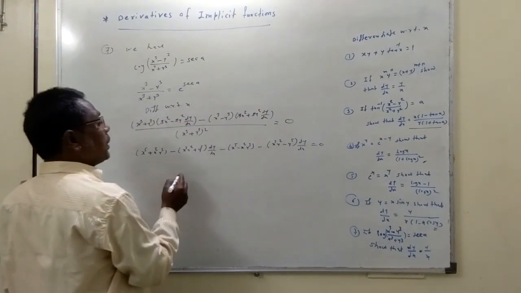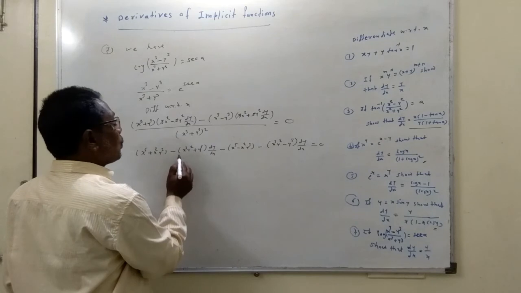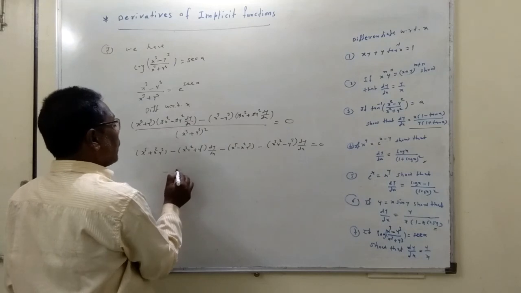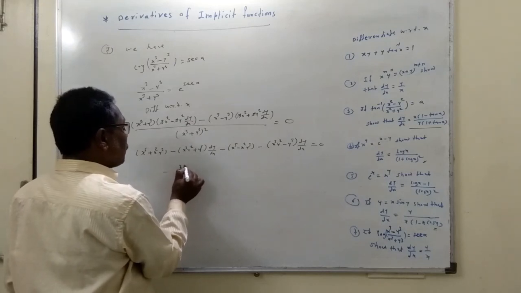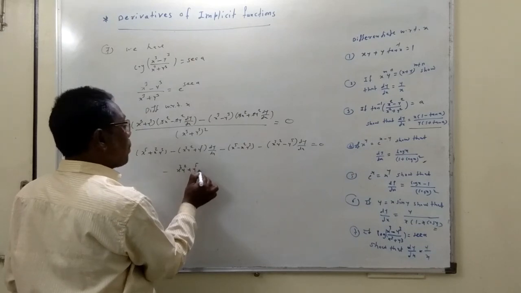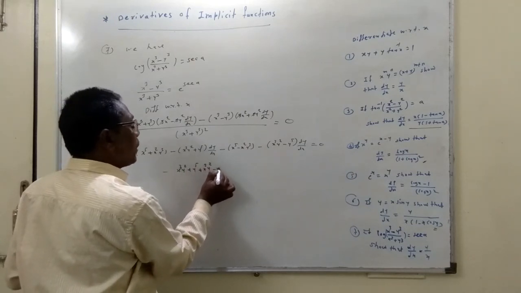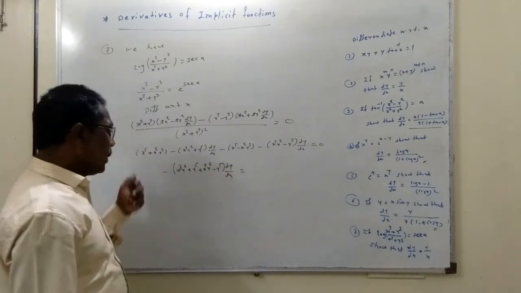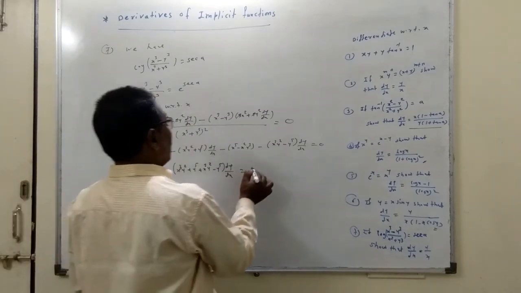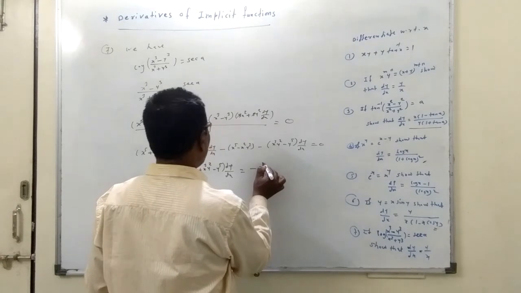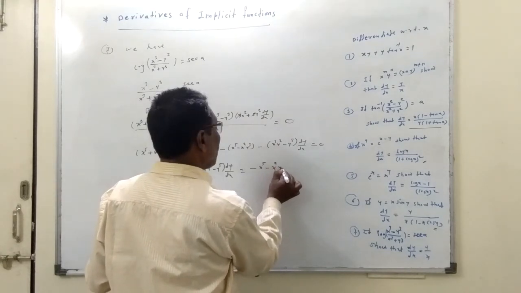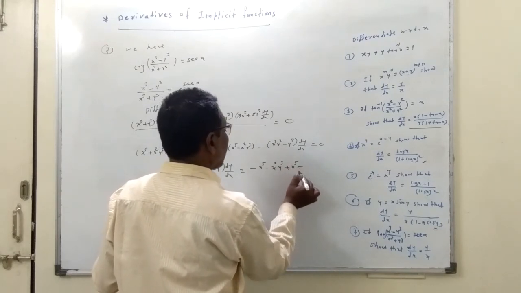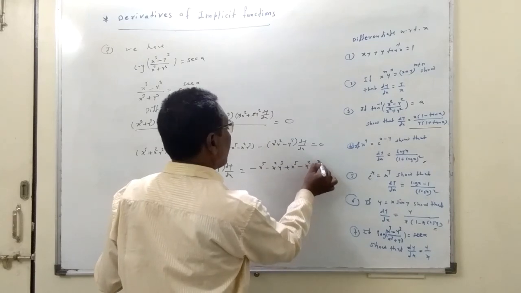Now we combine the dy by dx terms. So this minus I will take outside: x cube y square plus y raised to 5 plus x cube y square minus y raised to 5, and dy by dx. Now the terms without dy by dx will transfer to the right side. So minus x raised to 5 minus x square y cube. Now this minus on that side, plus x raised to 5, minus minus plus again, minus x square y cube.